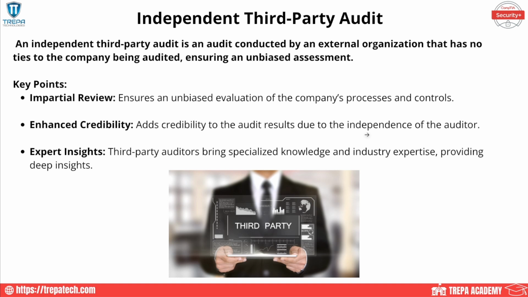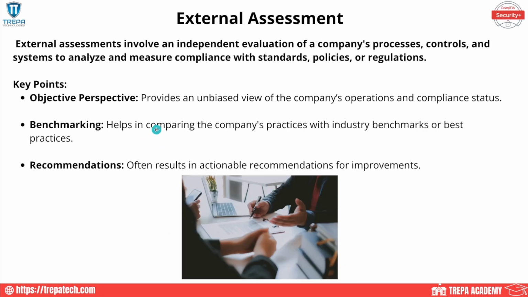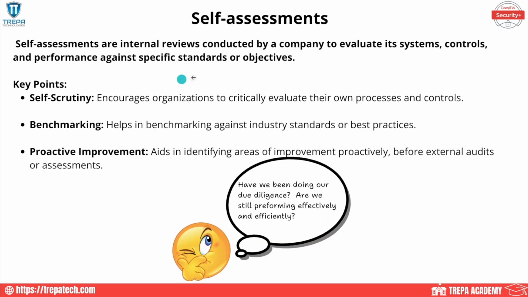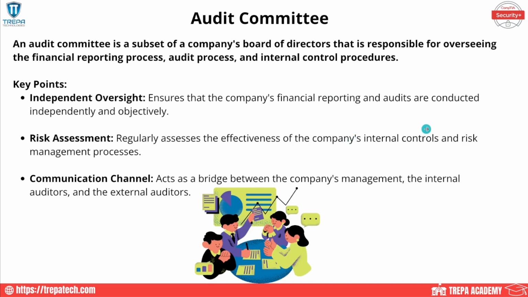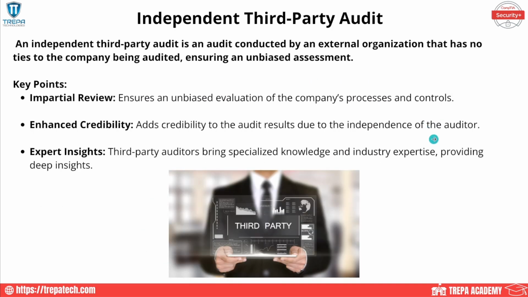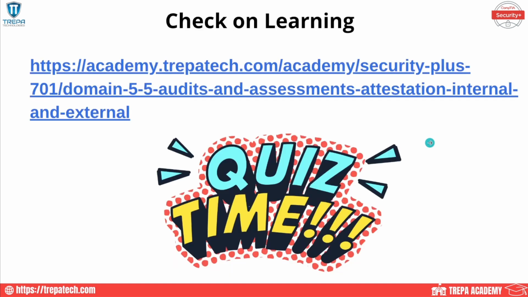This provides us an unbiased assessment. So you can see with a lot of these examinations and external, and like these audit committees, they have to work with external independent third-party audits, okay? And this is really going to give you, in some people's opinions, the best kind of overview and insight into your security, into the way you're doing things, and to making sure that you are compliant, that you are adhering to certain standards and regulations.